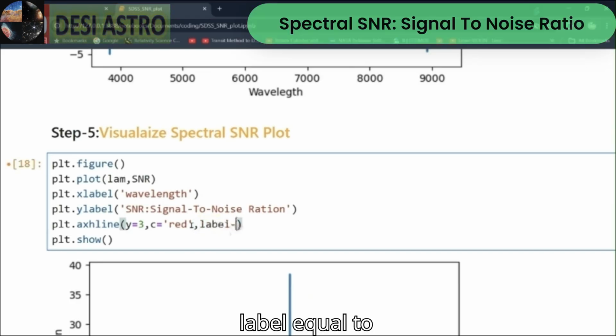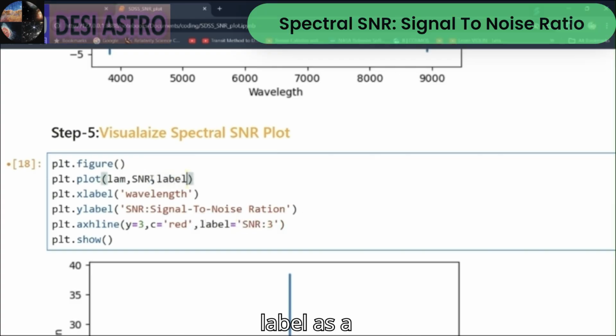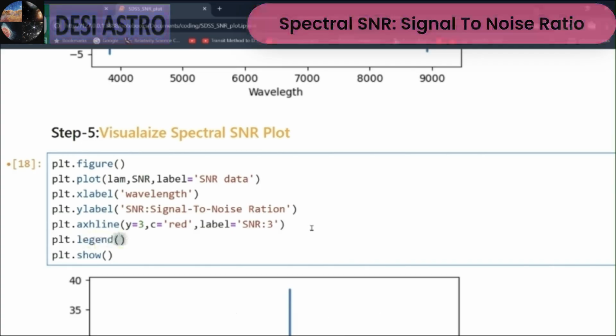Label equal to SNR 3 as a string, and here you can give label as SNR data, right? And then mark here plt.legend, right?